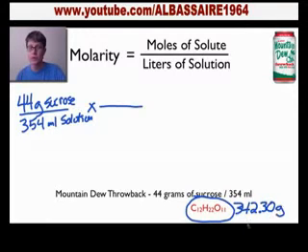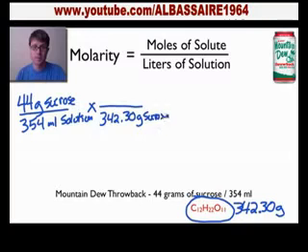So for a mole of sucrose, you need 342.30 grams. I can put this down here on the bottom: 342.30 grams of sucrose in every 1 mole of sucrose.